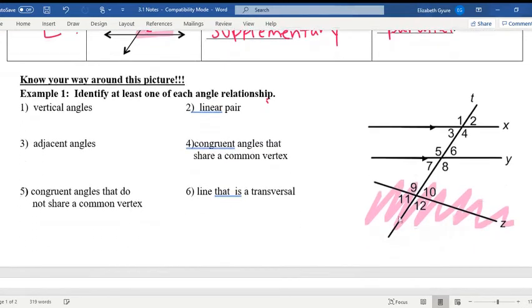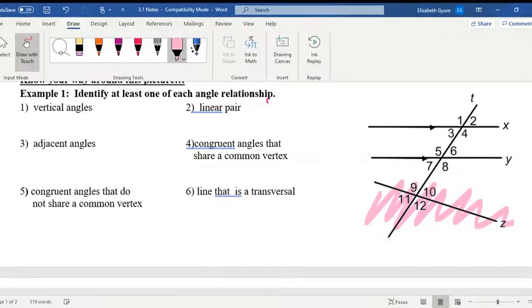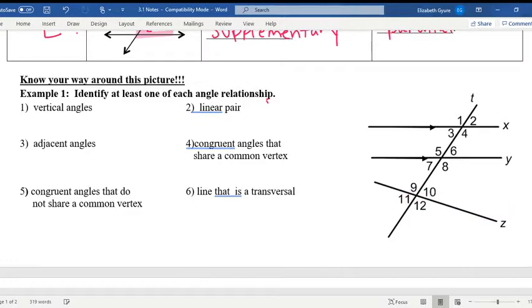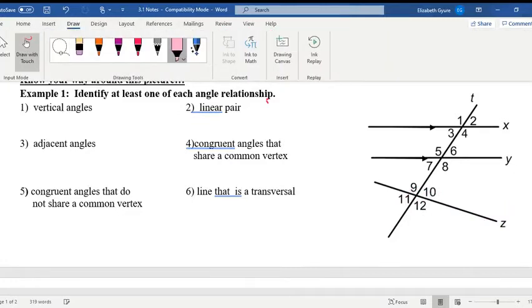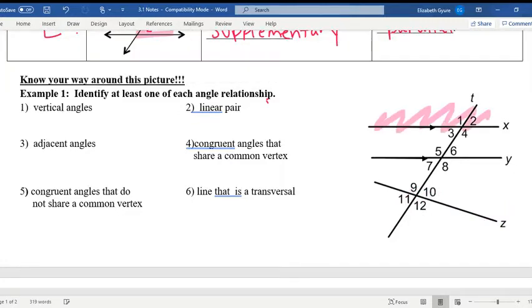That kind of shape happens a lot. And if you ignored the top and just looked at Y with Z, that shape happens a lot. The difference is lines X and Y are parallel. Z is not parallel to those.